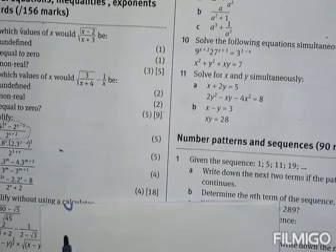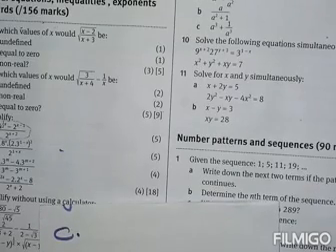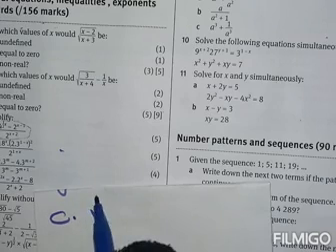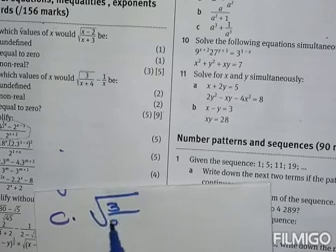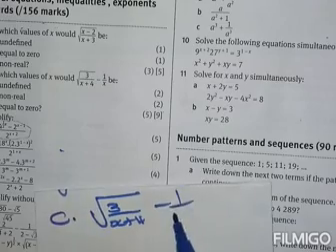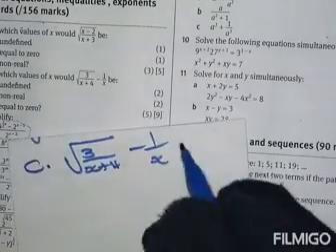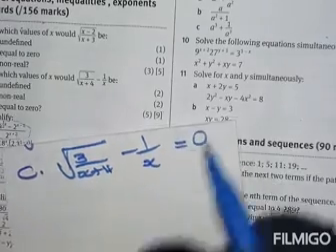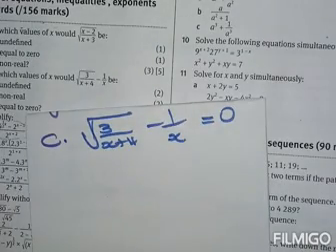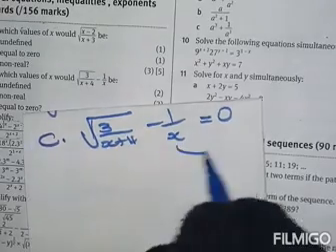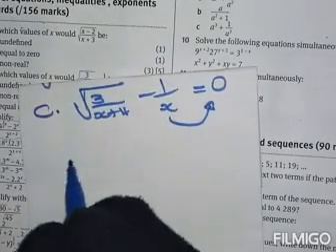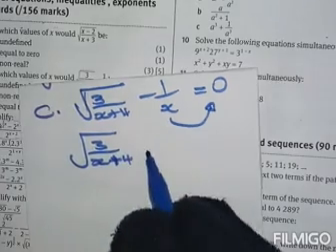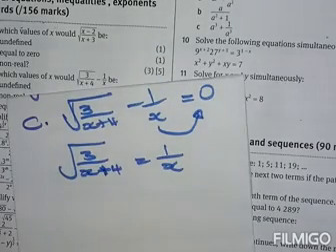Now answering question C, which asks, for which value of x will these terms, the square root of 3 divided by x plus 4 minus 1 over x, equal 0? Working this out, we first move one term to the side, so we have the square root of 3 over x plus 4 equals 1 over x.